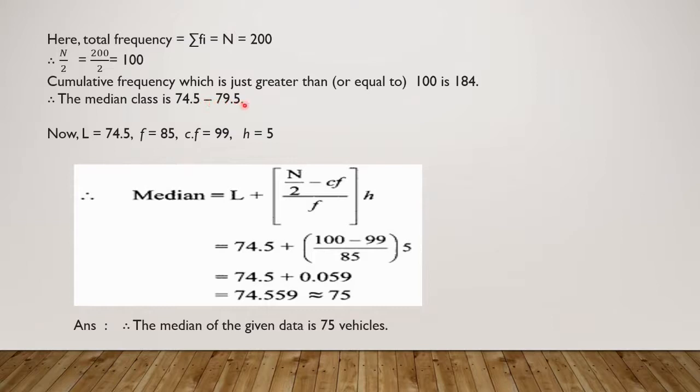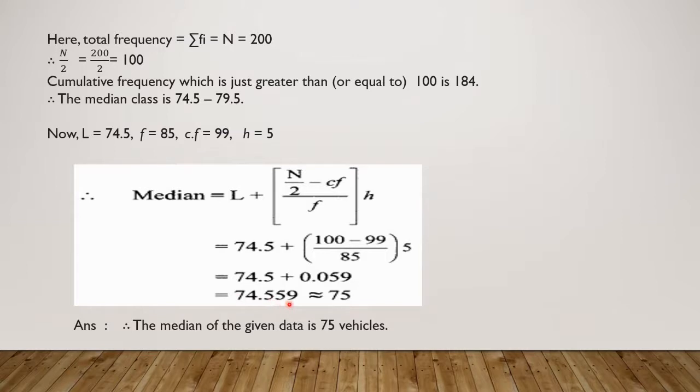Now, L is equal to 74.5, F is equal to 85, CF is equal to 99 and H is equal to 5. Therefore, the median is equal to L plus n by 2 minus CF upon F into H. That is 74.5 plus 100 minus 99 upon 85 into 5, equals 74.5 plus 0.059, that is equal to 74.559.